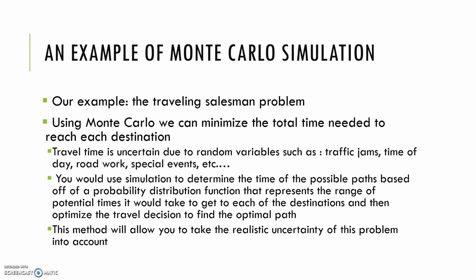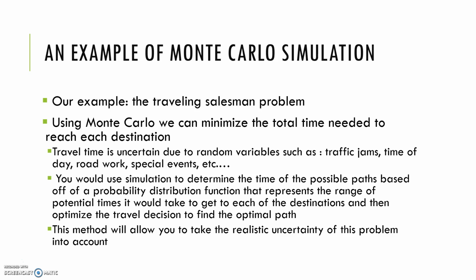So you would use simulation to determine the time of the possible paths based off of a probability distribution function that would represent the range of potential times it would take to get from each of the destinations. Then using that data from the simulations, you can optimize the travel decision to find your optimal path.